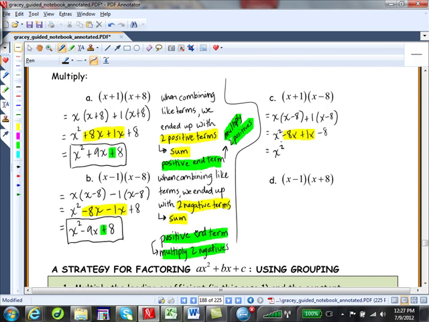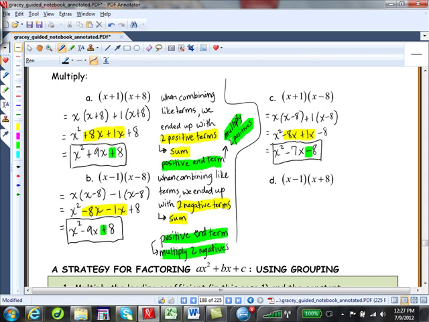When you have opposing signs, you're subtracting, and the coefficient that has the largest absolute value wins. So 8 is larger than 1, and we get minus 7x minus 8. This is the information we get from this.